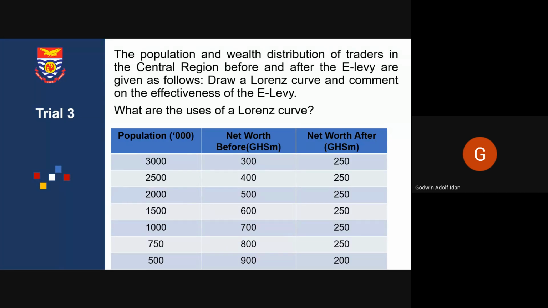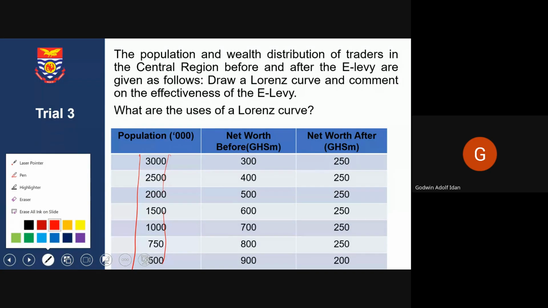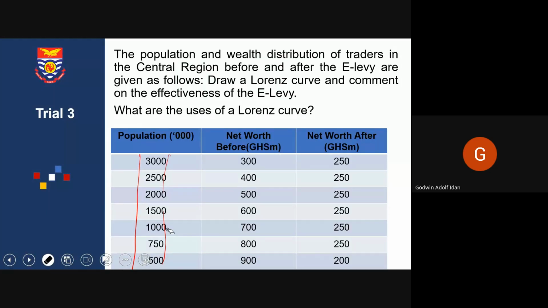So what it means is that you have to find the total population by adding all the values that we have in here. So that's the first thing to do, because you want to find the percentages of this population.